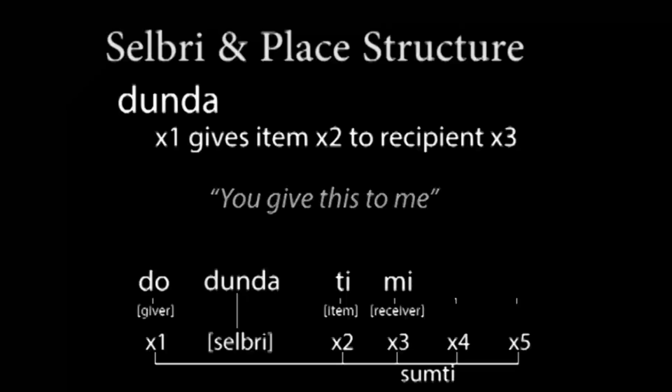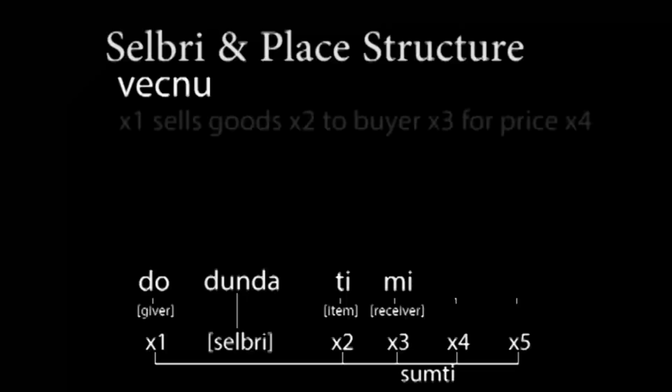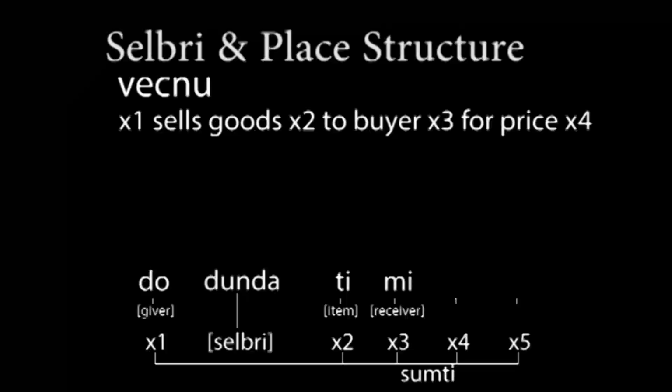We can also change the selbri. Let's use a different but very similar selbri called vecnu. The place structure of vecnu is x1 sells goods x2 to buyer x3 for price x4.